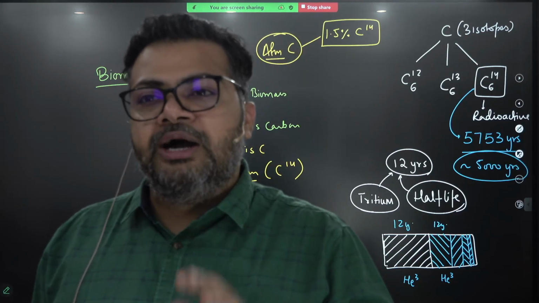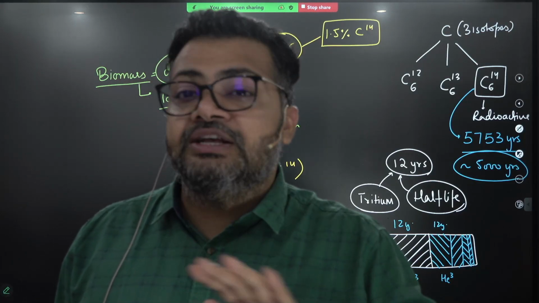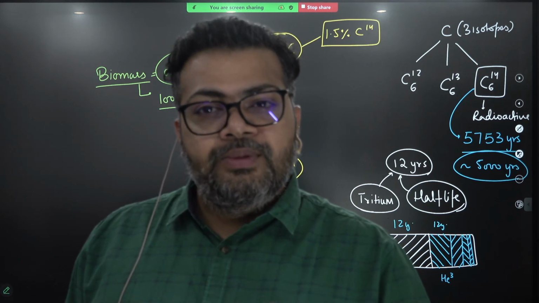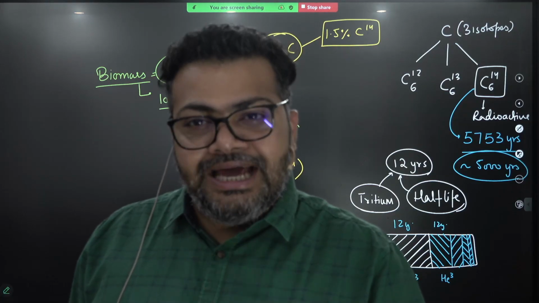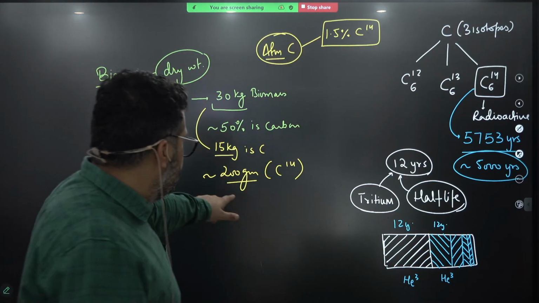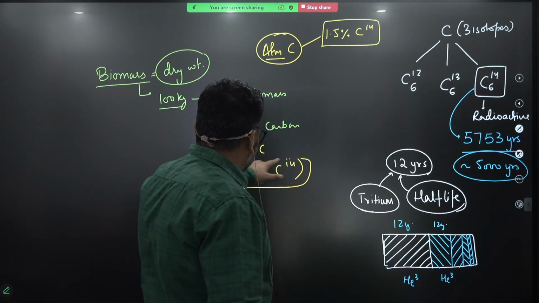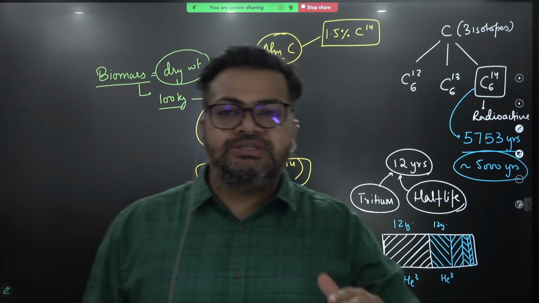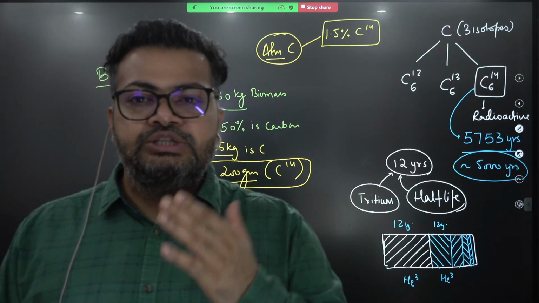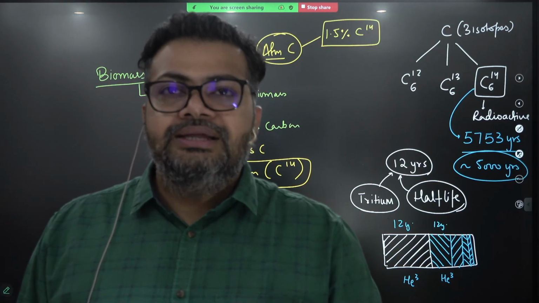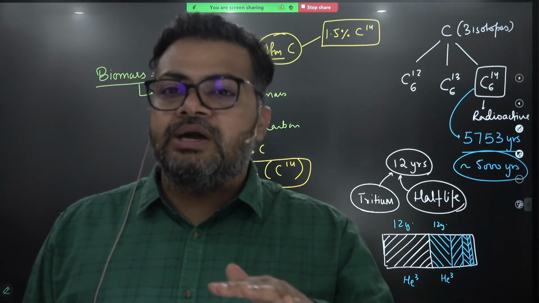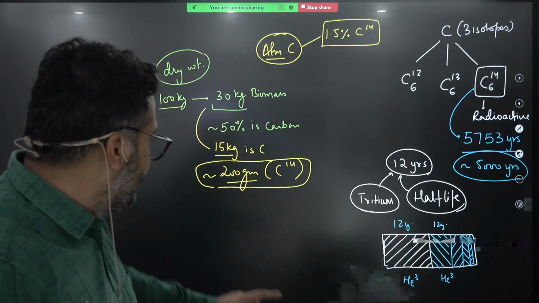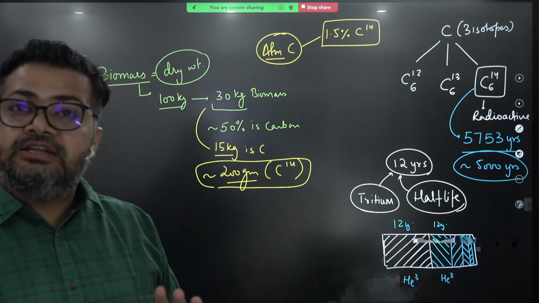A living person may not have constant carbon 14 levels, but when a person dies, this value becomes constant, because after death there is no exhaling of CO2, there is no feeding of food, everything becomes constant. Got it? This is 200 grams at the time of death.